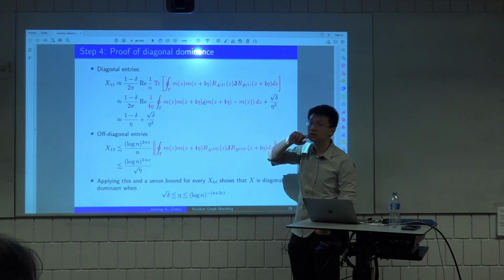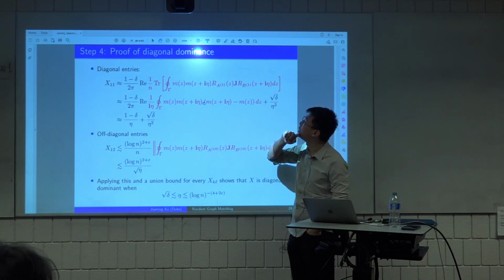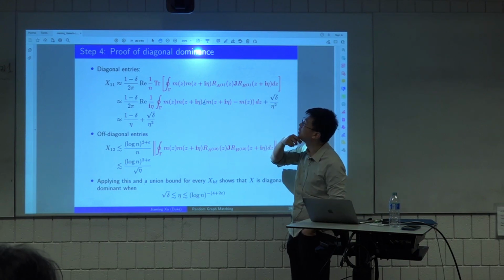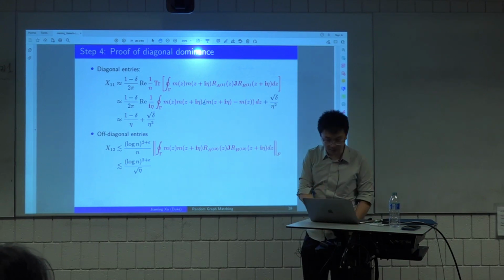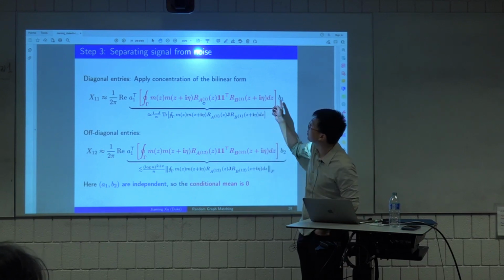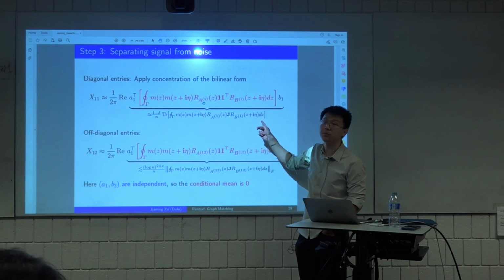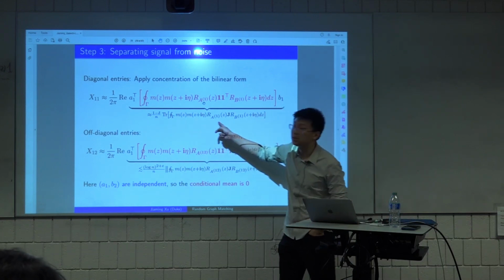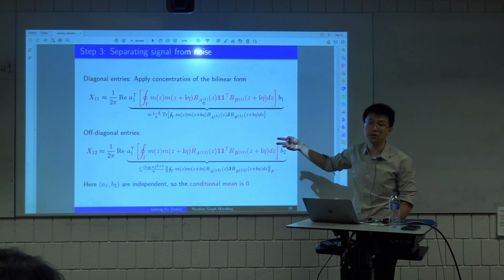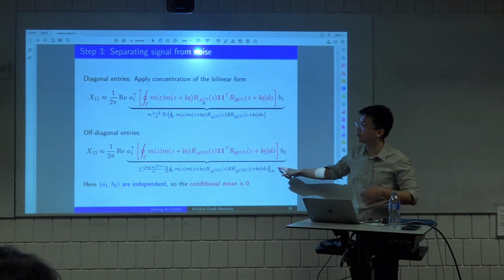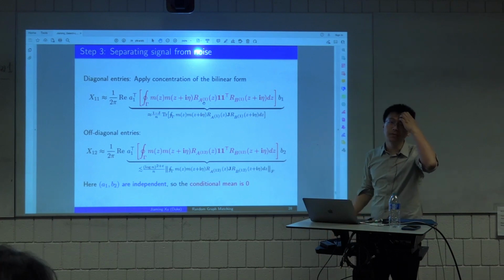But the crucial thing here, as Siva mentioned, is the bilinear form in the previous stage. So I single out this A1, B1, and that's why I can apply the concentration over A1, B1. And then for this part I can just apply the local law to approximate it and compute the trace. The same thing for the off-diagonal entries.